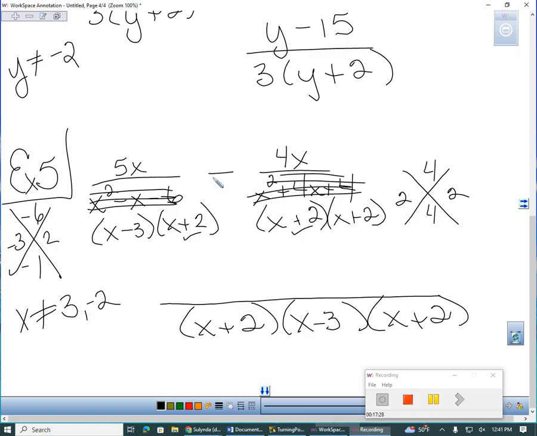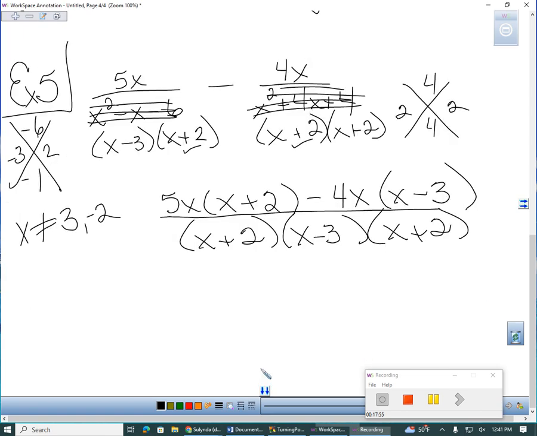So in my first fraction, what do I need to multiply my 5x by? X plus 2, very good. Because it's got the other 2, it doesn't have that third one. All right, then I have minus. What do I need to multiply my 4x by? Good, x minus 3, excellent. Understanding that part right there is the hardest part. Now we just distribute and collect like terms, right?